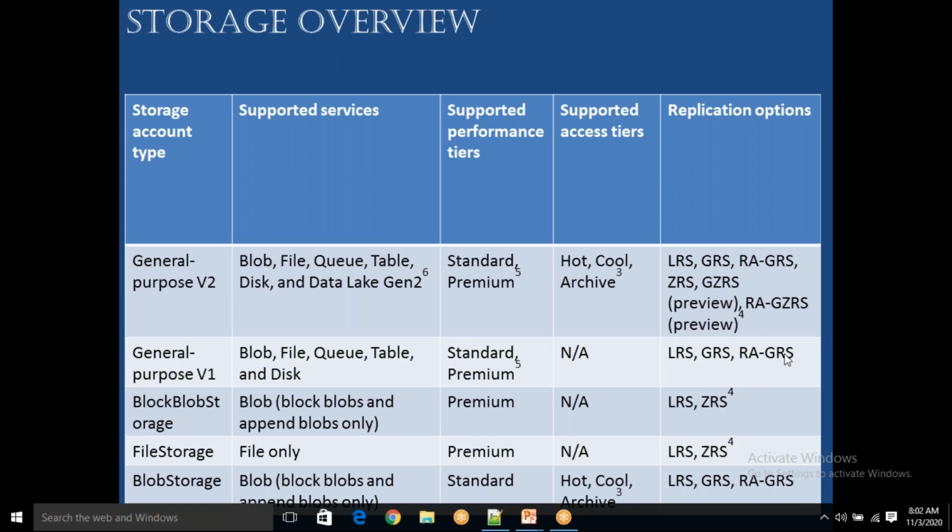If you go with General purpose V1, you have only local redundancy, geo redundancy, and read access geo redundancy storage, but you don't have zone redundancy. Okay, see, in premium you have zone redundancy and local redundancy, but you don't have geo redundancy. This particular diagram is very important. If you understand this diagram, you will be able to create any storage.